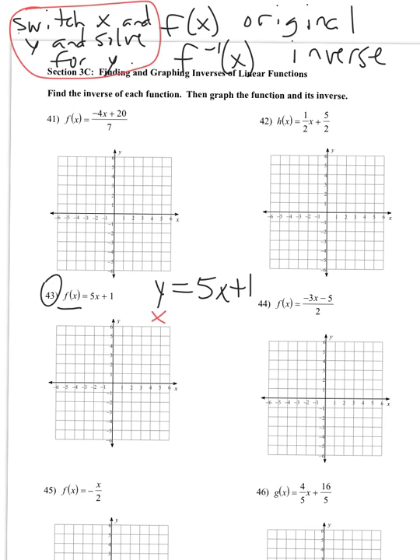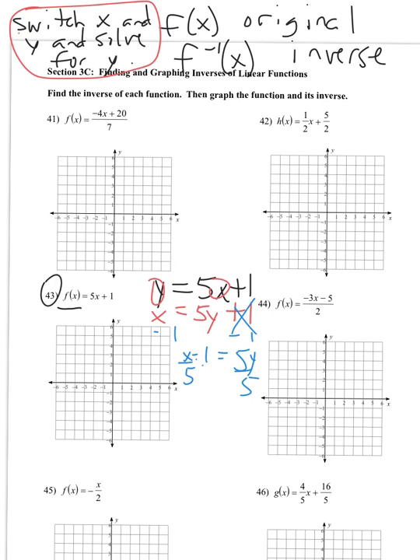So I'm going to make this x, I'm going to make this y. So we just switch these two. Now we solve for y. So algebraically, get y alone. So I'm going to subtract 1. So 5y is equal to x minus 1. Now we're going to divide by 5.